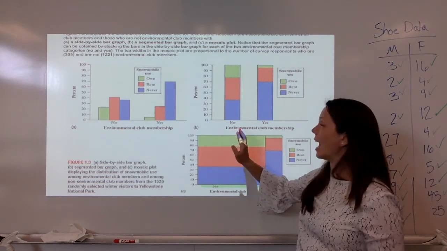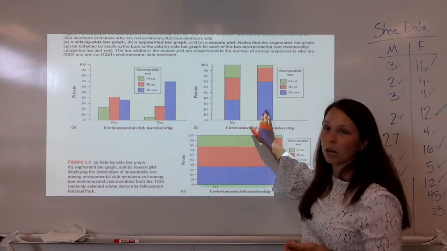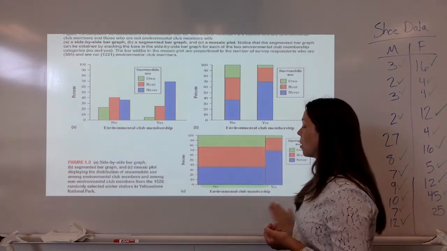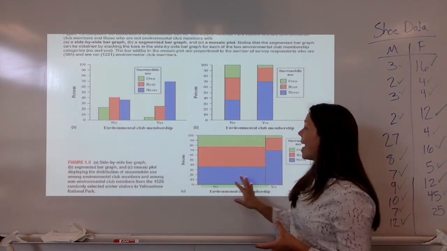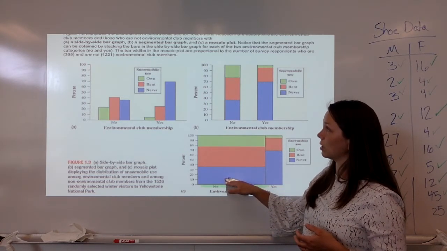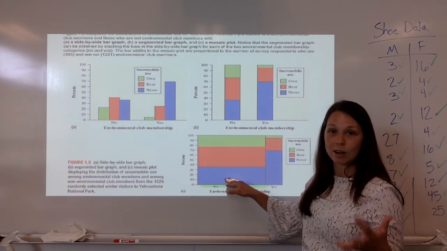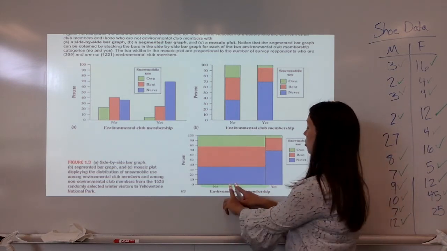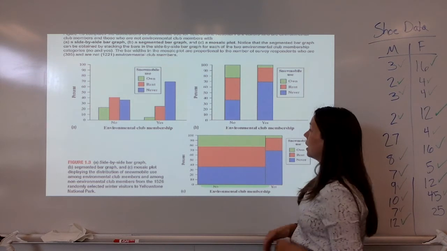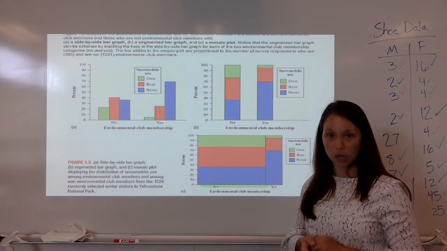We really can't tell how many people said no in comparison to how many people said yes out of the two-way table. But if we look at this mosaic plot here, I can see that out of all the percentages of how people answered to owning a snowmobile or renting or never used one before, there were so many people that initially said no to being an environmental club member.